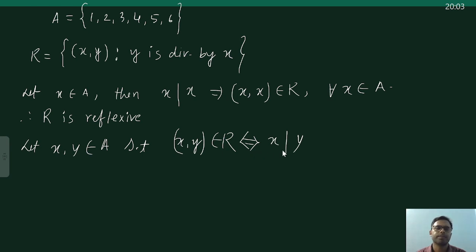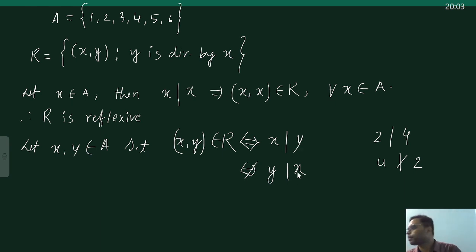But after this, can you say y is a divisor of x? It will not imply that. For example, 2 divides 4 but 4 does not divide 2. So x divides y, but y does not divide x.